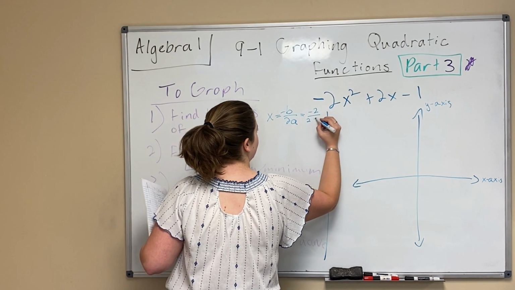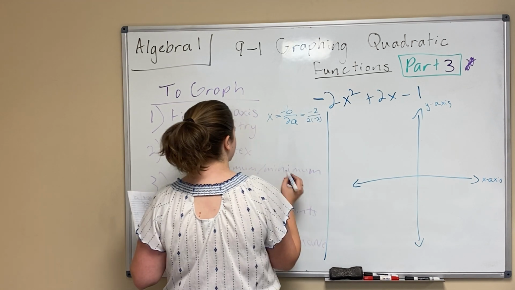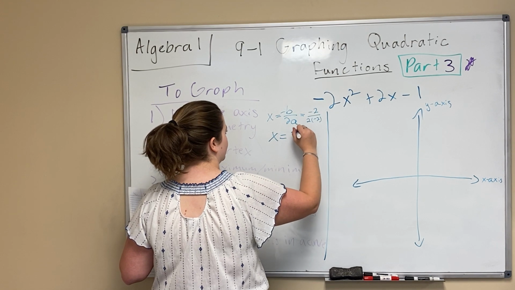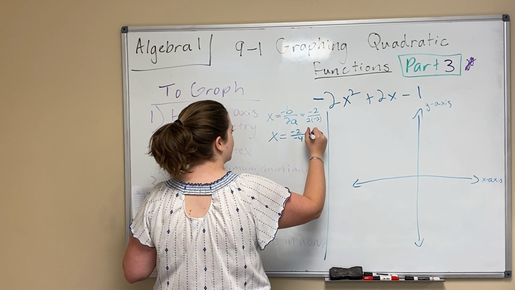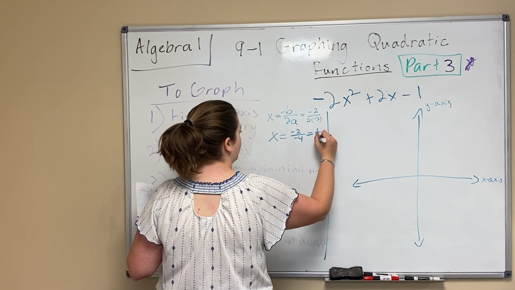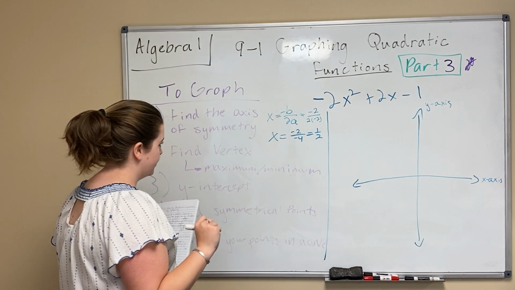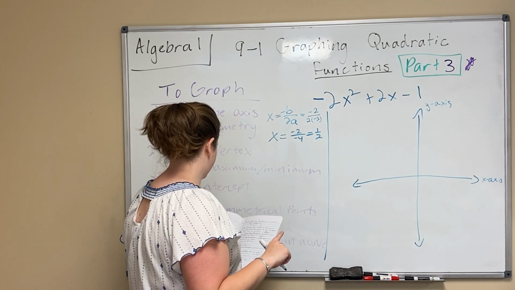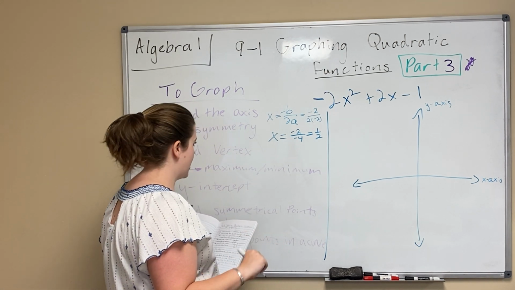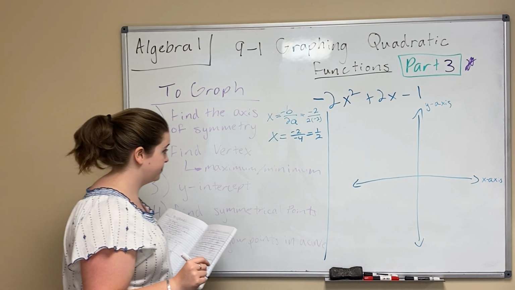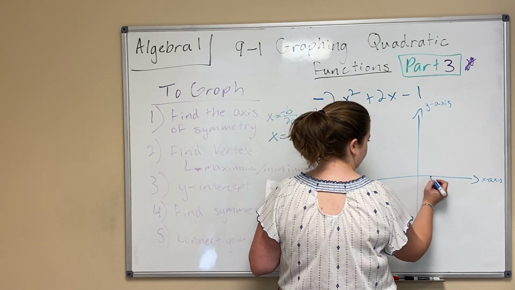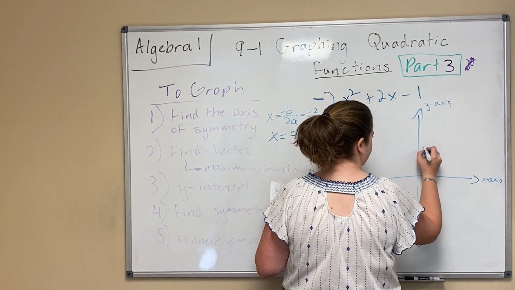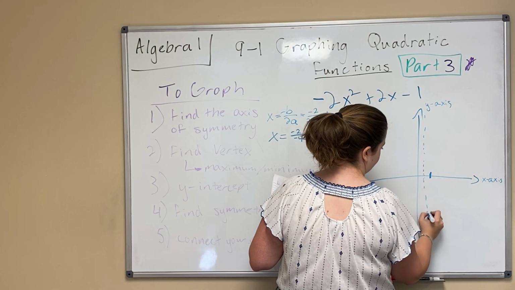So 2 times negative 2. So our axis of symmetry is when x equals negative 2 divided by negative 4, or 1/2. So I'm going to go on my graph over to where x equals 1/2. If I count over one space, it's going to be the halfway mark. There's my axis of symmetry.